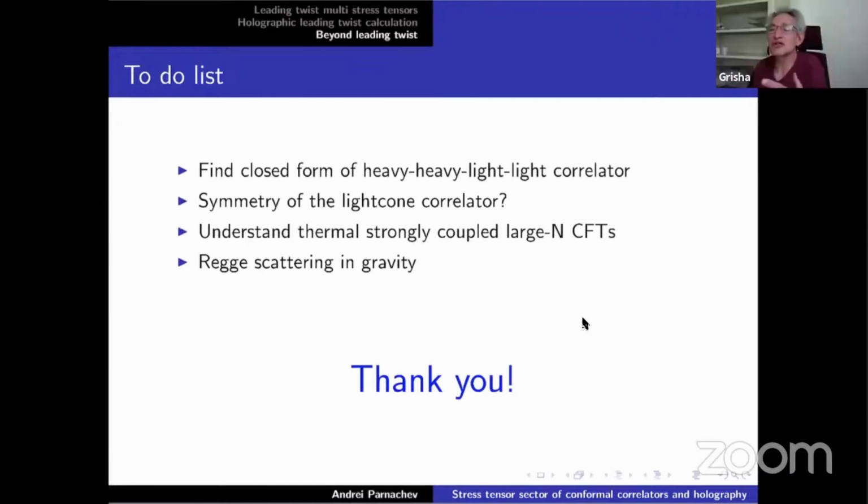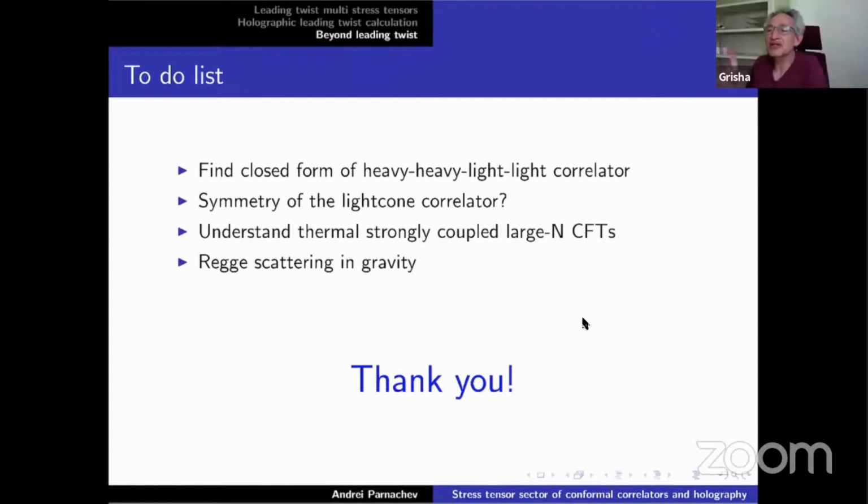So you're talking about level crossing? Yeah, they have exactly the same conformal dimensions. So what happens is a mixing, and both of them have the same poles, and then the poles cancel, and then you get some block terms. So that's basically what happens.